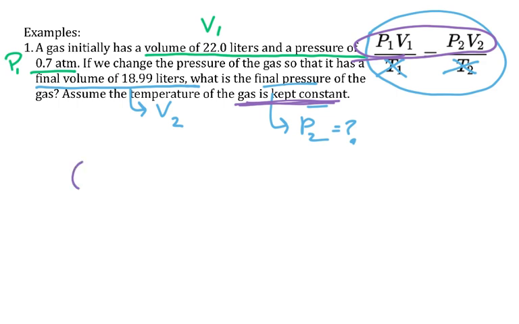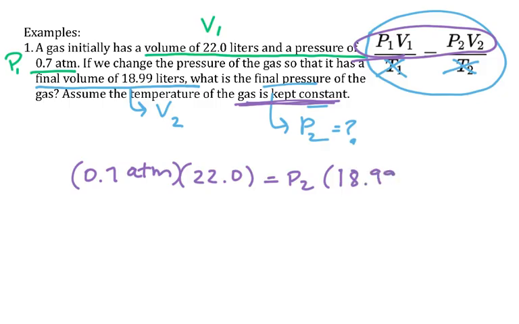So we're going to have pressure 1, 0.7 atm, times volume 1, 22 liters, equals our pressure 2, that's what we're looking for, times final volume 18.99 liters.